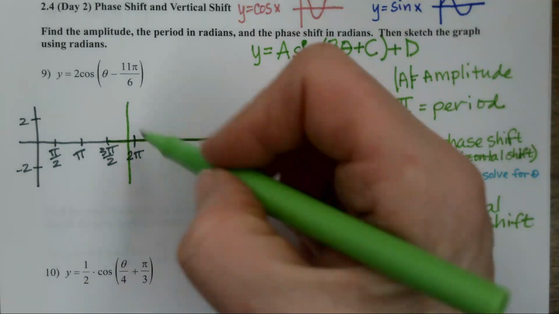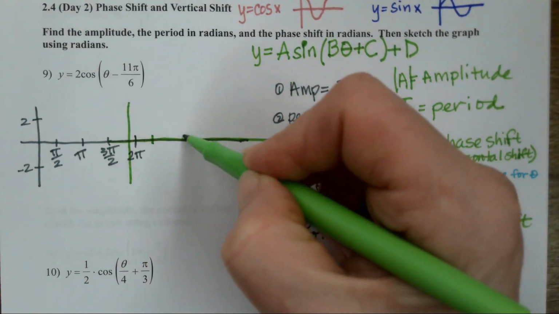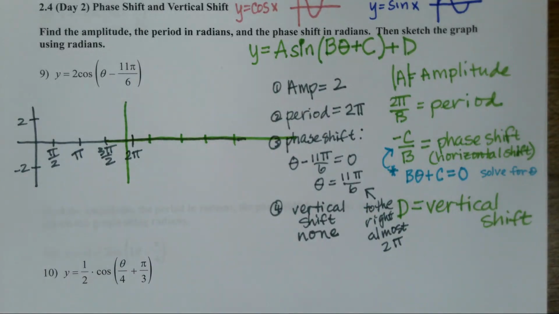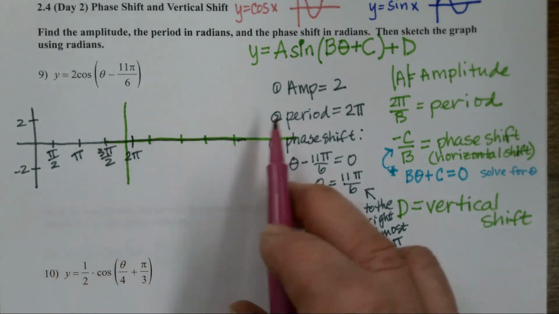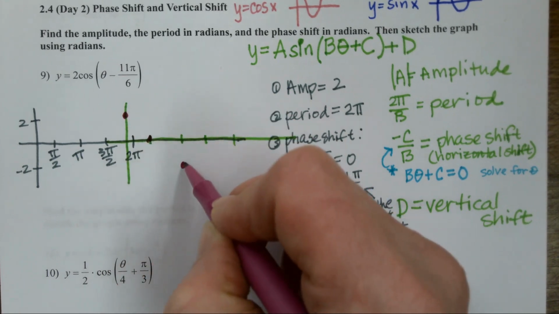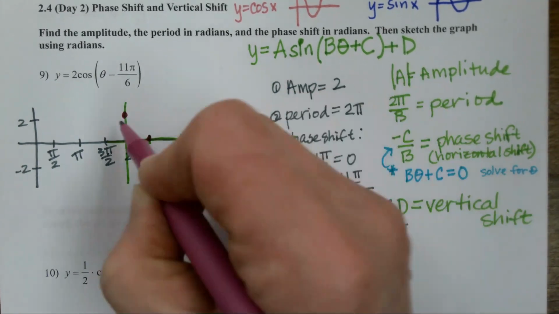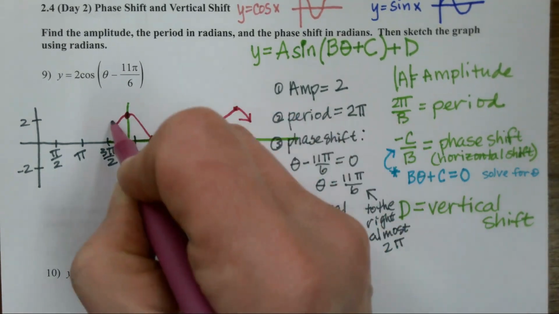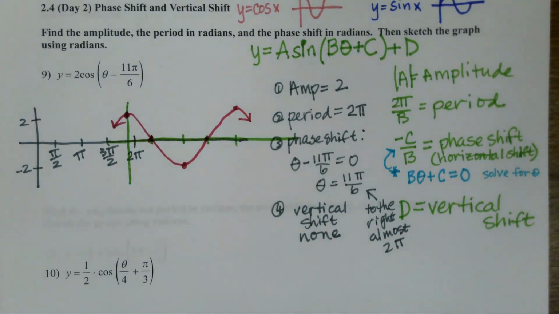I need 4 tick marks, 1, 2, 3, 4, to complete my graph. And because this is cosine, I will put my cosine graph on that shifted spot. Cosine starts up. And there's my shifted cosine.